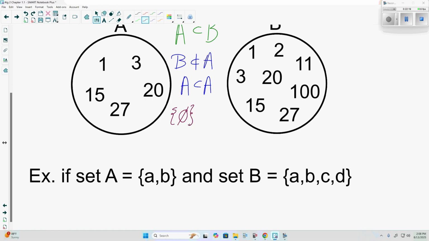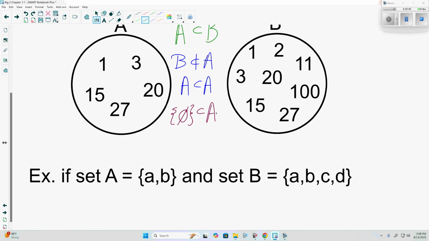So our set containing the empty set, can we say that it is a subset of set A? Can we say that the set containing nothing is a subset of this set A? It does contain something, but could it be a subset of nothing? Could a subset of nothing be part of A?